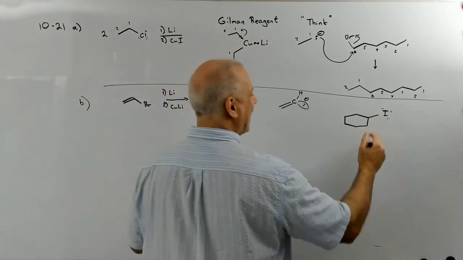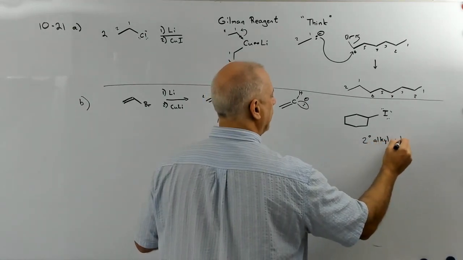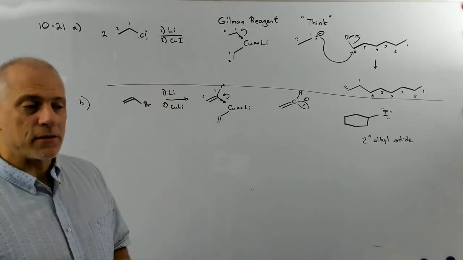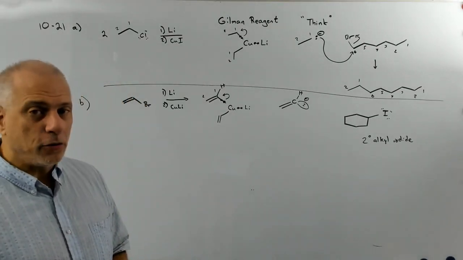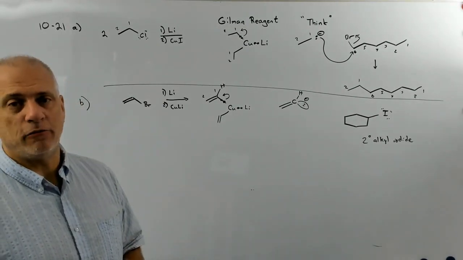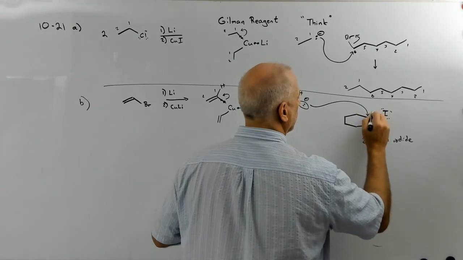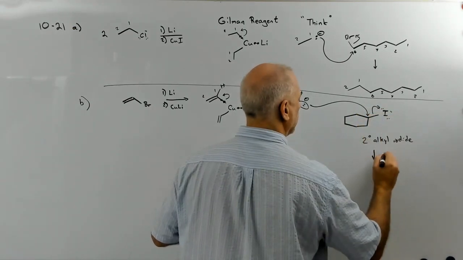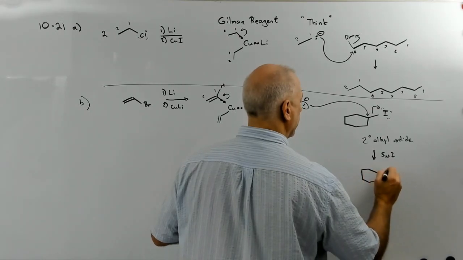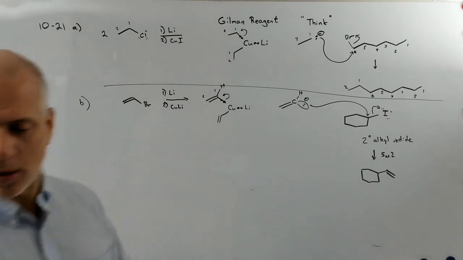This is a secondary alkyl iodide, and remember, for secondary alkyl iodides, if you have a good base, that would actually do an E2 reaction, but with a Gilman, this is going to do an SN2 reaction. Go ahead and kick that off, and give us an SN2 product, where now we have that molecule right there, and the iodide comes flying off.